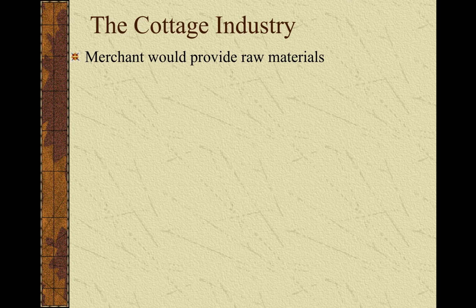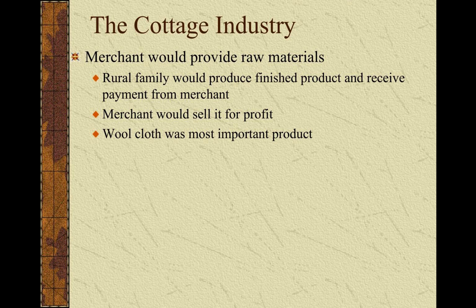Cotton is going to be the fabric used to make a lot of textiles because it's a lot softer than wool. And the way it worked was a merchant is going to give a family raw materials like cotton or wool.